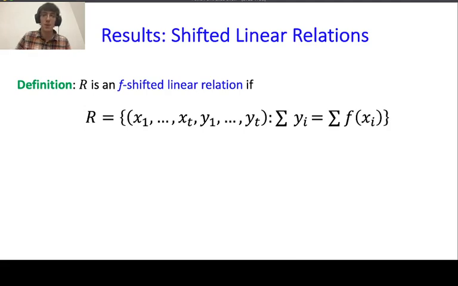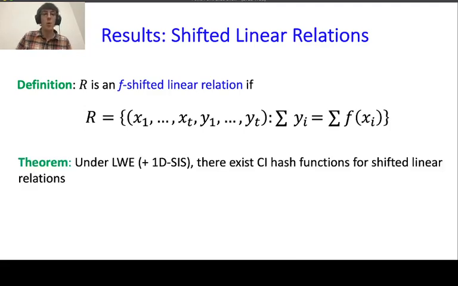If t equals 1, this just recovers functions in the single input case, but it's a broader class of relations in the many input case. So one thing that we're able to do is that under the LWE assumption plus another lattice assumption, which also basically follows from LWE, we build hash functions that are correlation intractable for this class of relations.